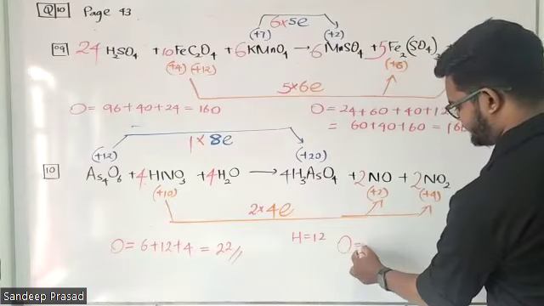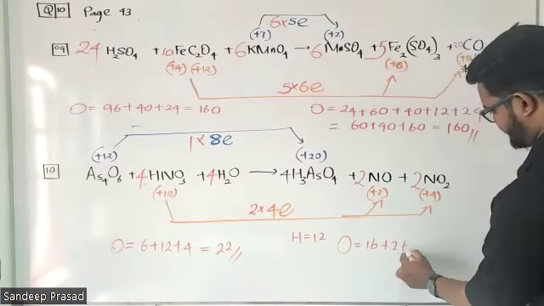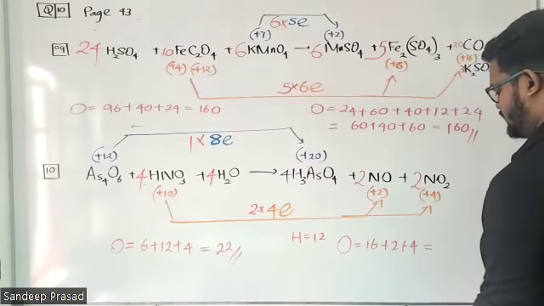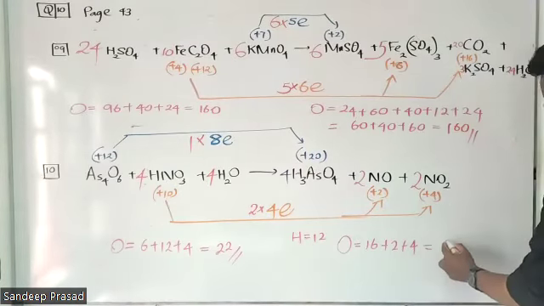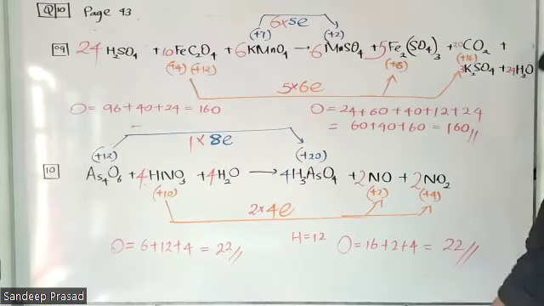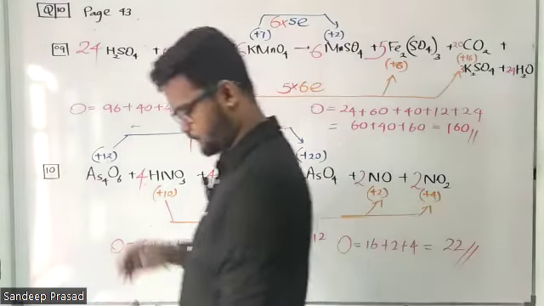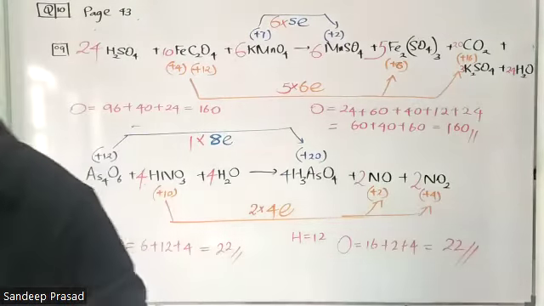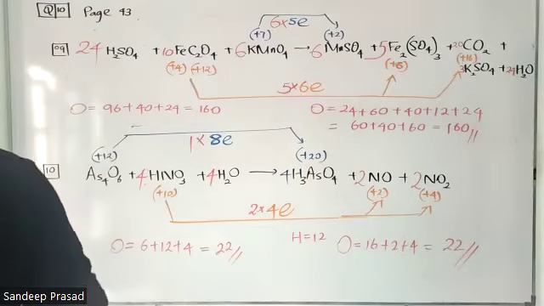In the right hand side, 16 plus 2 plus 4, 22. It's confirmed that the reaction is balanced. So this is question number 10.